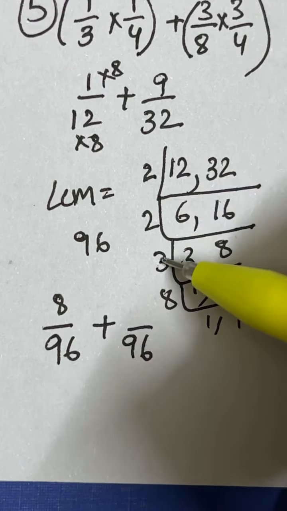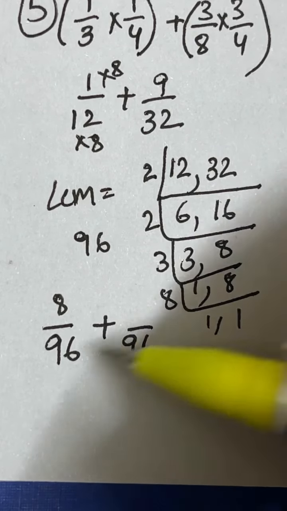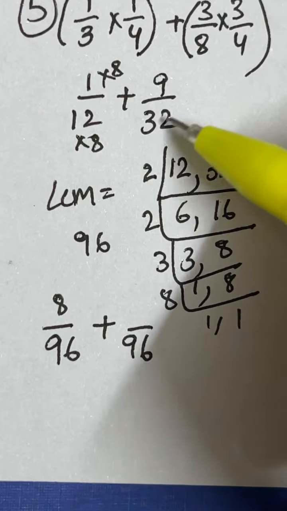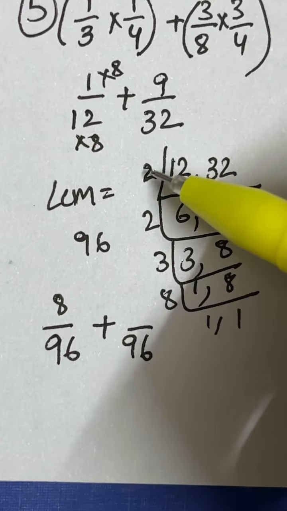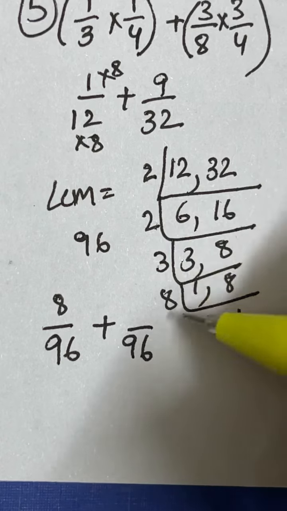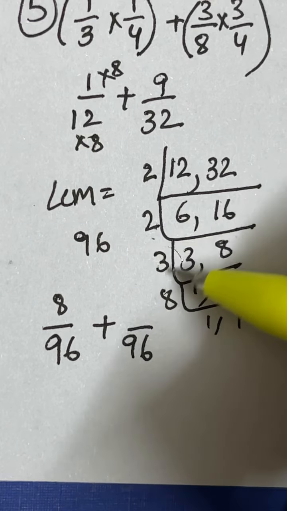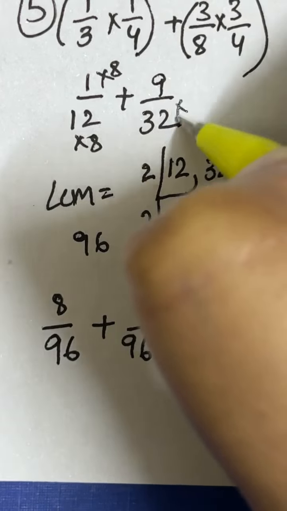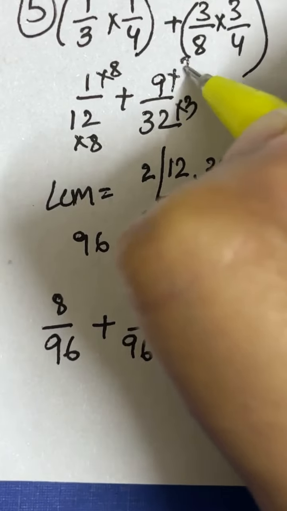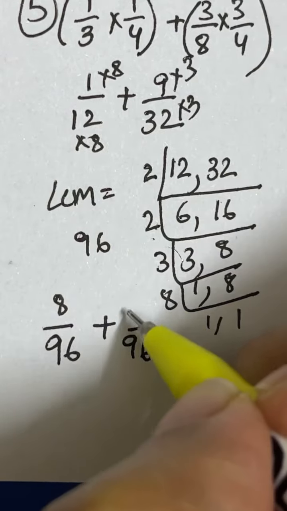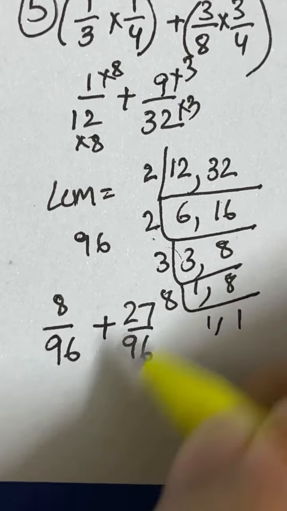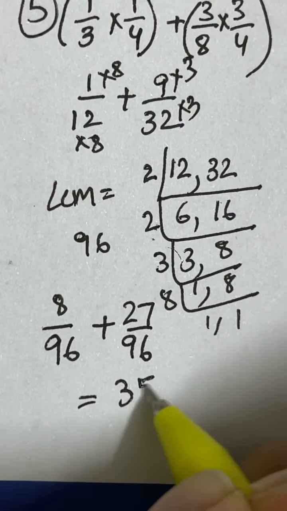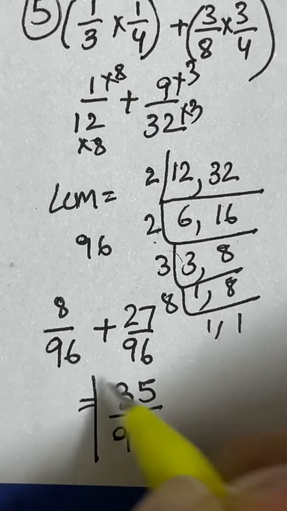So 8 times 4 is 32. What is left? Times 3. So let's do times 3 times 3. 9 times 3 is 27. So you have 27 plus 8. That's equal to 35 over 96. Done.